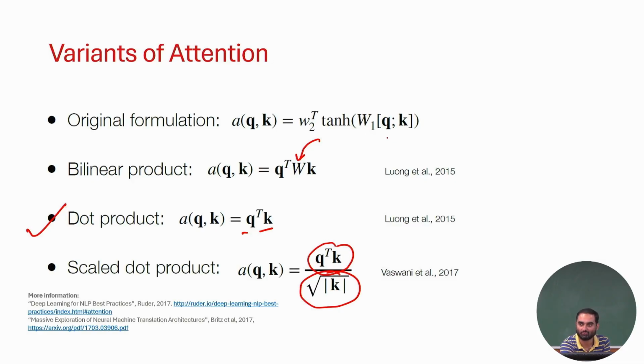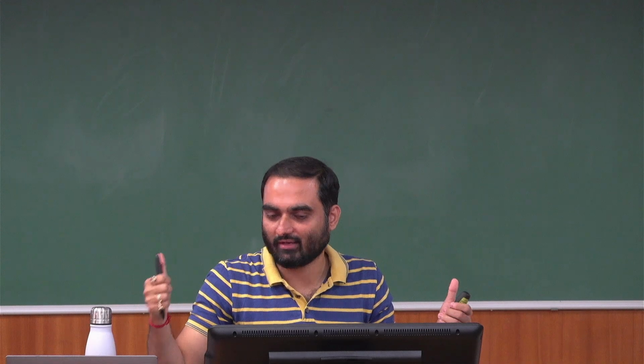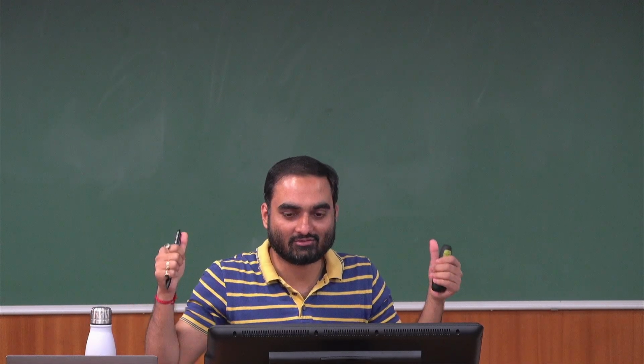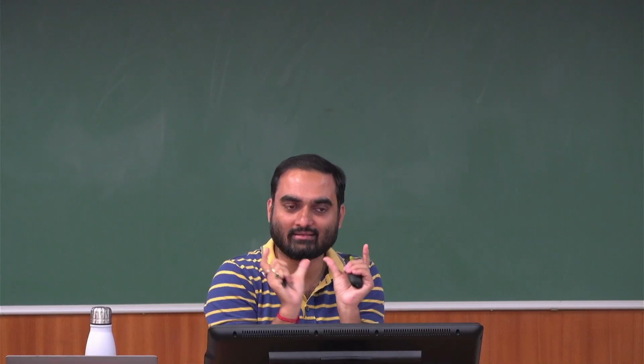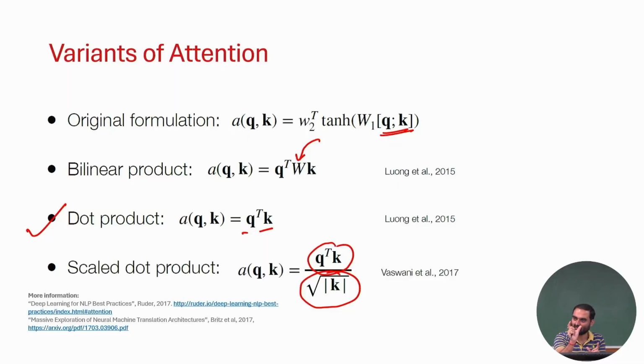For example, you first concatenate query and key, right? You are not doing any dot product. Just concatenate query and key, pass this concatenated vector through W1, which is a linear layer, followed by some nonlinearity tanh, and then again pass it through another layer W2, because you have a lot of data. So there are different variations of attention.